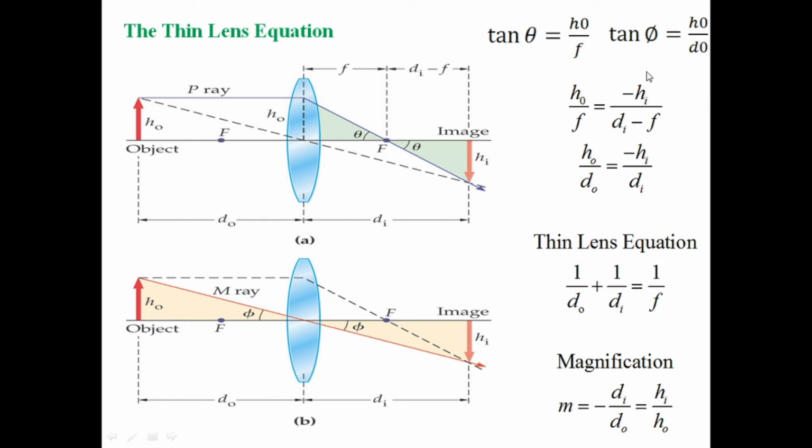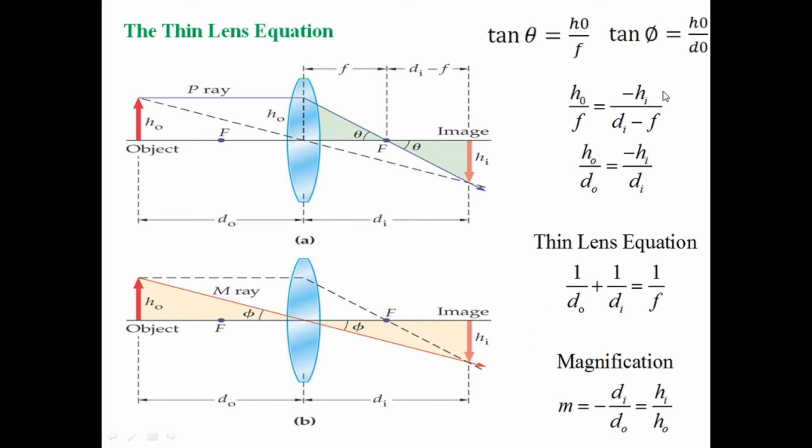That means I can write tan phi equal to h naught by d naught, since tan phi is opposite side by adjacent side. Here d naught is the distance between your object and the lens of the camera. Here also I can calculate tan phi, tan phi equal to hi by di. As this is in the negative y-axis, let me write it as minus hi by di.